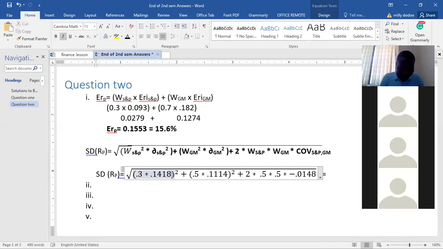The risk or the standard deviation of S&P is 16.21, so 0.1621 all squared, plus 0.7 multiplied by the standard deviation of Ghana market, which is 33.11, so 0.3311 all squared, multiplied by a constant 2, by the weight of S&P, which is 0.3, the weight of Ghana market, which is 0.7, multiplied by the covariance.